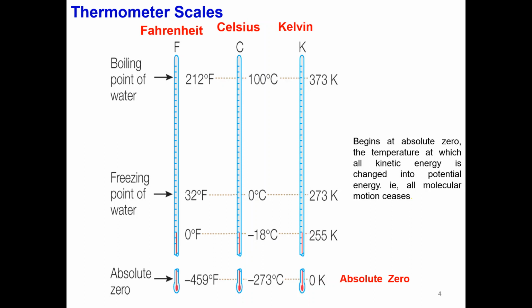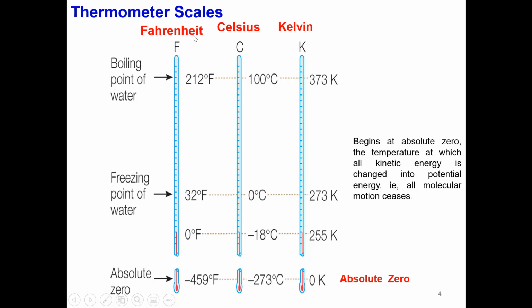Also, we mentioned last time that in the same way we can measure velocity in meters per second and distance in meters or centimeters, we have units to measure temperature. These units are the thermometer scales, and we have three different units.